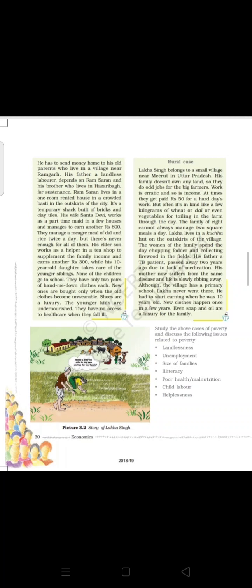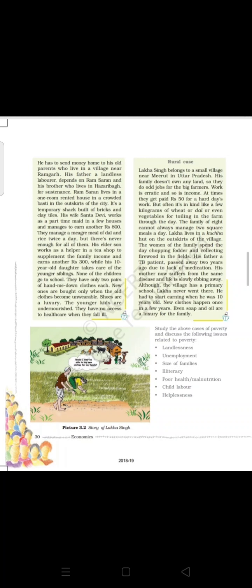They manage a meager meal of dal and rice twice a day, but there is never enough for all of them. His elder son works as a helper in a tea shop to supplement the family income and earns another rupees 300, while his 10-year-old daughter takes care of the younger siblings.